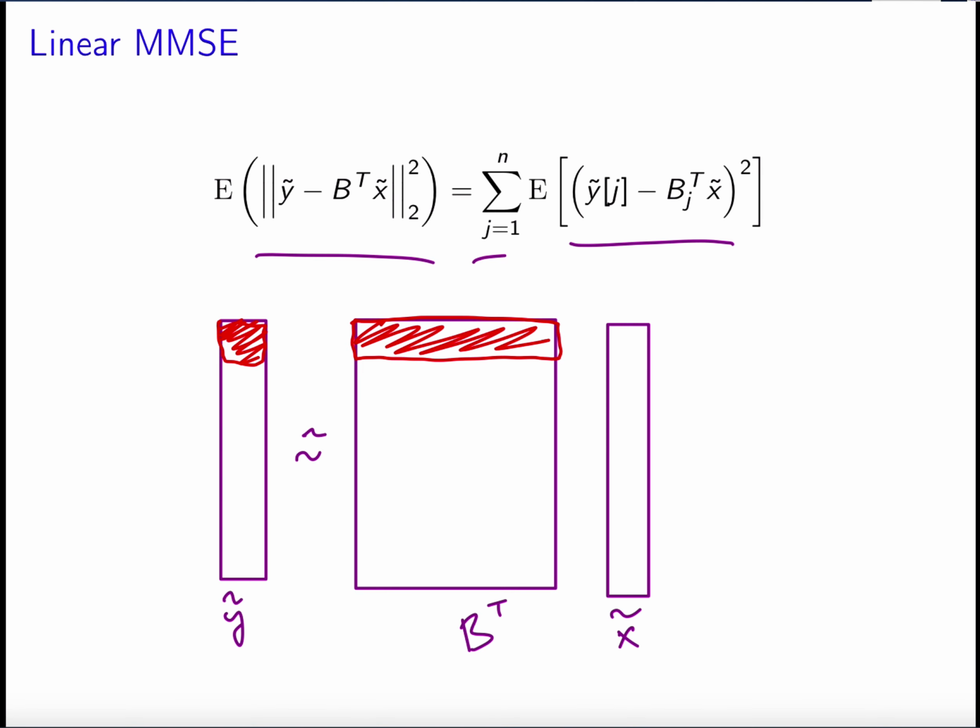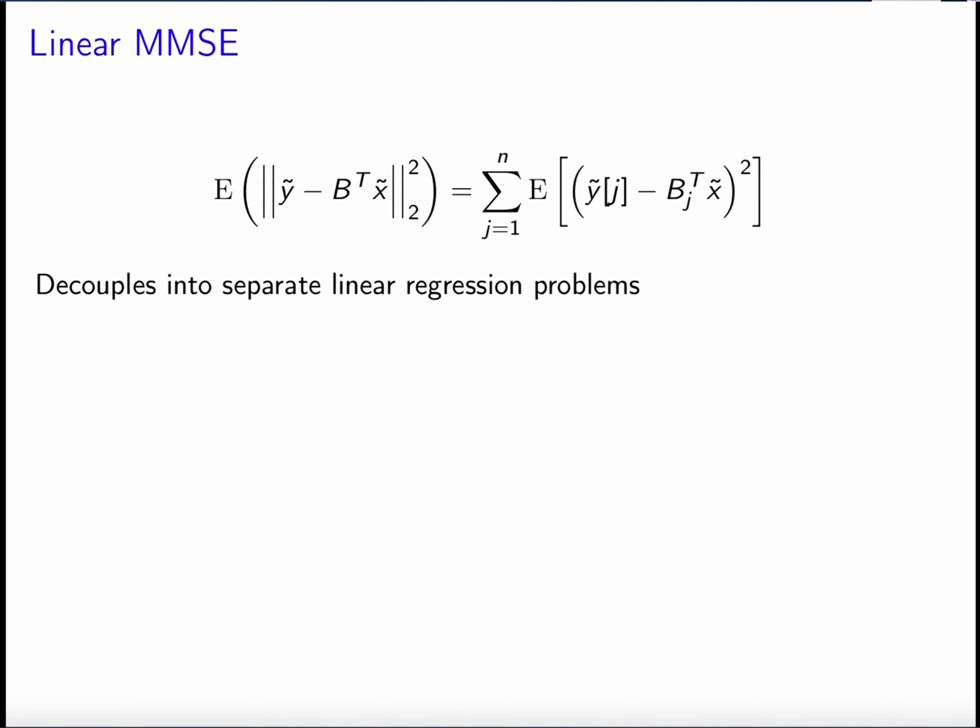Why? Because if you want to estimate the first entry of y, that's going to be the first row of B transpose times x. Want to estimate the second entry of y, is going to be the second row of B transpose times x, and so on and so forth. So this decouples into n completely separate linear regression problems.